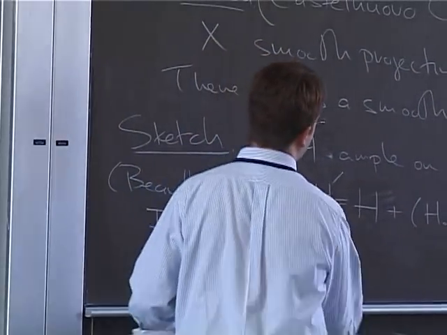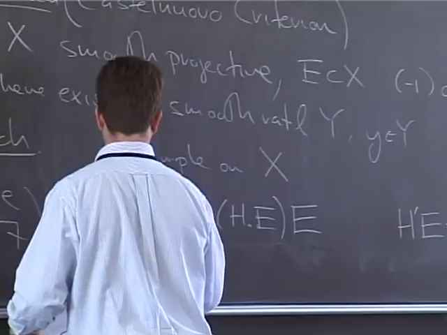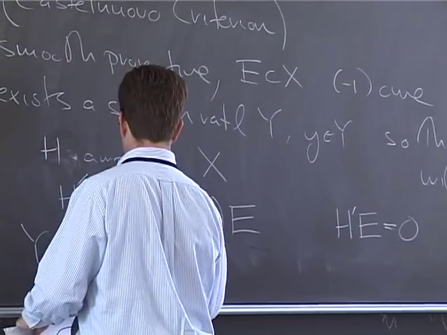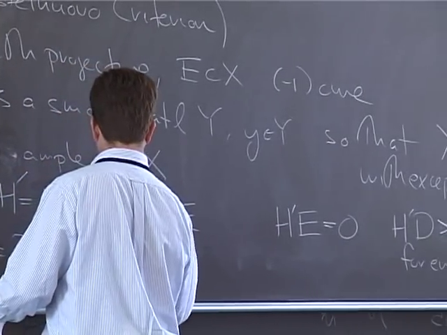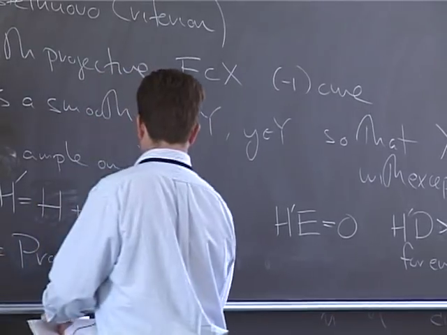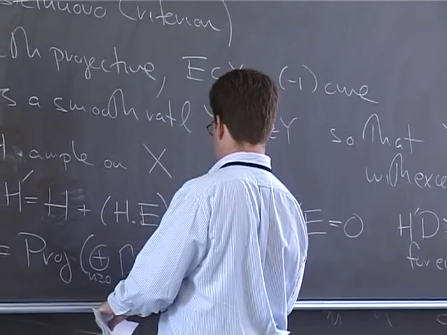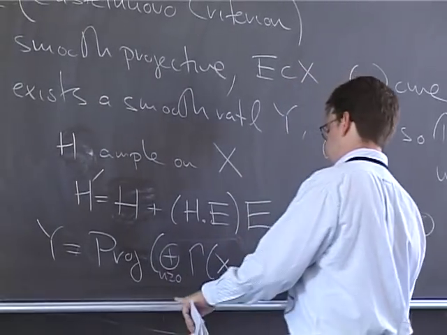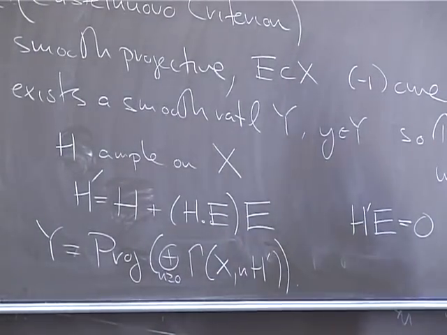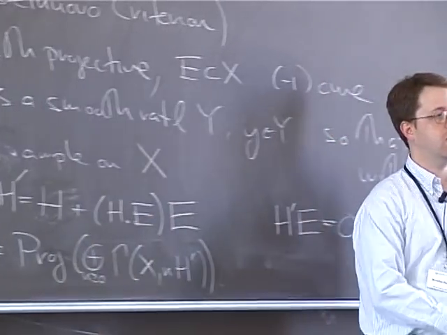So the idea here is that we construct Y to be Proj over X, so we use this divisor to construct it.